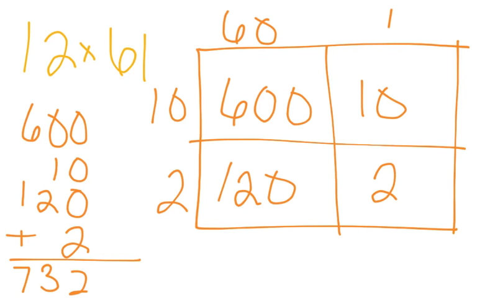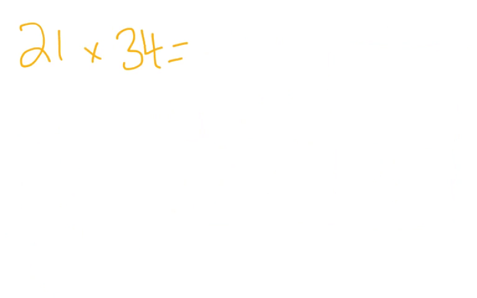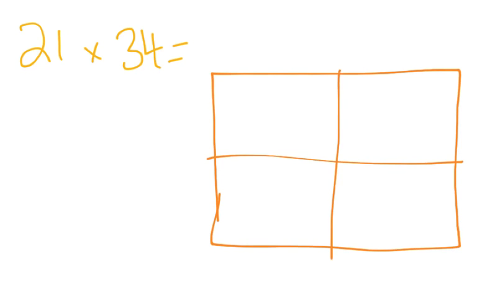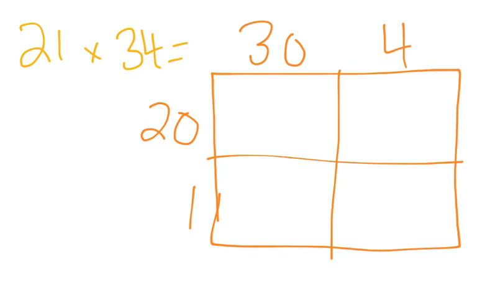Let's try one more together. So I have 21 times 34. Alright. So up at the top, I'm going to put my 30 above the first column and my 4 above the second one. Then going down, I'm going to put my 20 next to the first column and my 1 next to the second column. And we're going to do the same thing again.